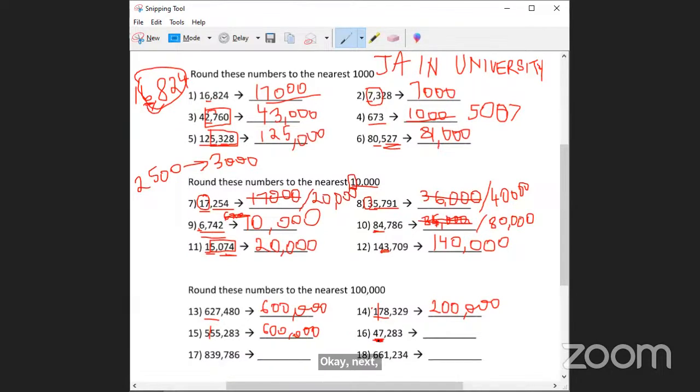I don't have anything nearest with this. I have to go down only. I cannot go up. If it is more than 50,000, then I could have gone with 100,000. Now it is not possible with that. Are you getting it? Are you getting the 16th one? So yes, it's gonna be 0 because it's not more than 50,000.